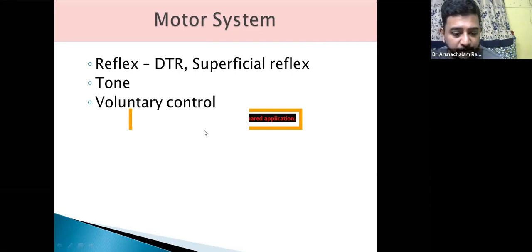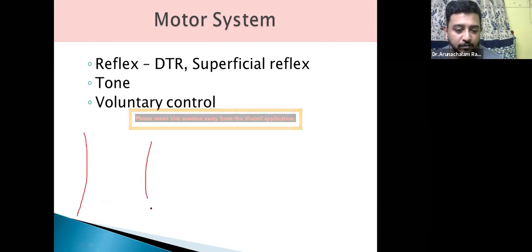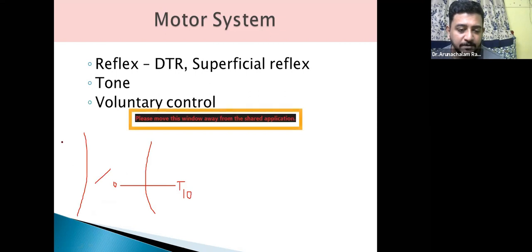In abdominal reflex, we test to see whether it is a lower motor neuron lesion or upper motor neuron lesion. If your umbilicus is like this, it is at the level of T10. Okay, so when I do a scratching in this manner, I am testing this right side. I am testing T9 and T8, two dermatomal levels above the umbilicus.